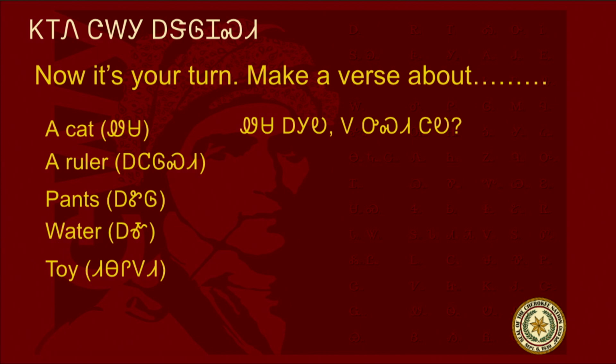All right, so how about this next one? A ruler. Okay, atlilosti. So would we use agika for atlilosti? Probably not, because we know already that agika means for something alive.